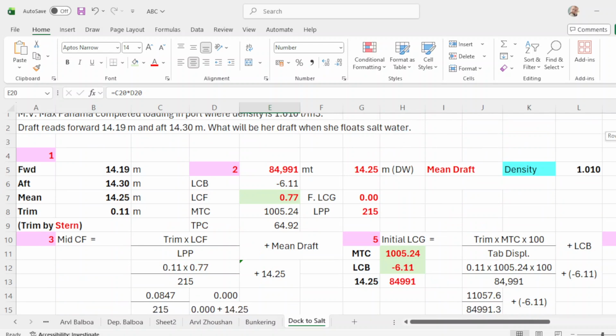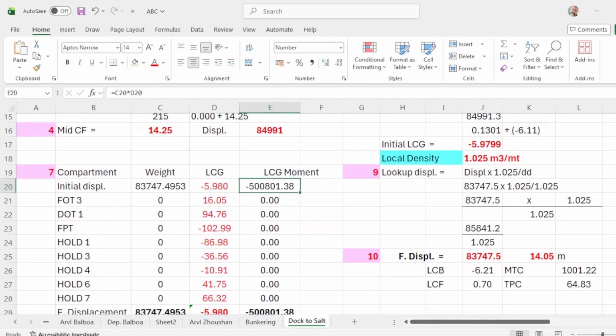That's why your division is 1.025. So your local displacement times your seawater of 1.025 over 1.025, then your final displacement is 83747.